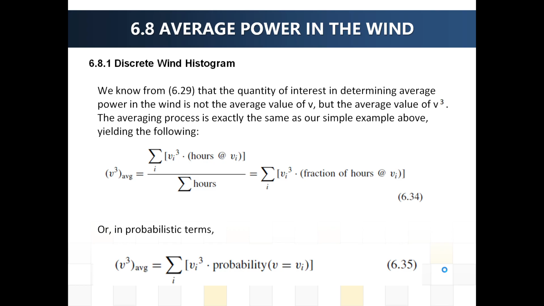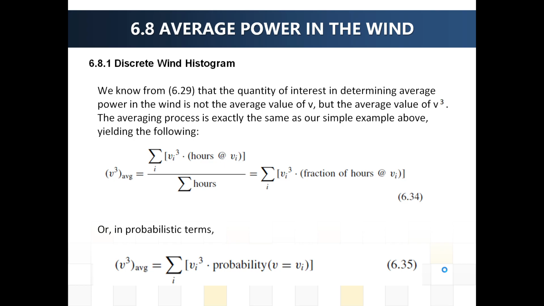We know from 6.29 that the quantity of interest in determining average power in the wind is not the average value of V, but the average value of V cubed. The averaging process is exactly the same as our simple example.